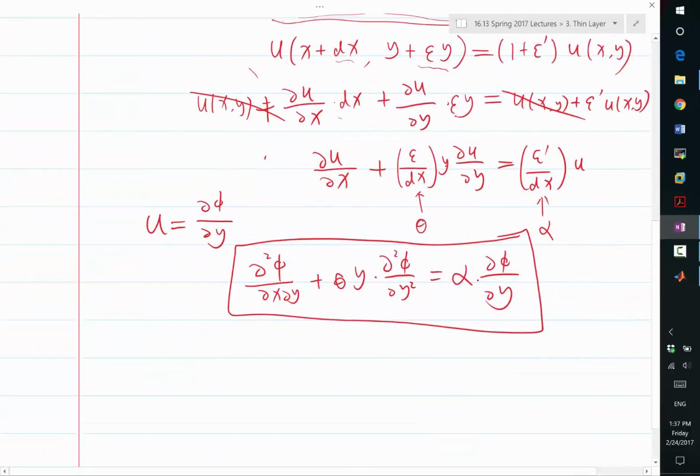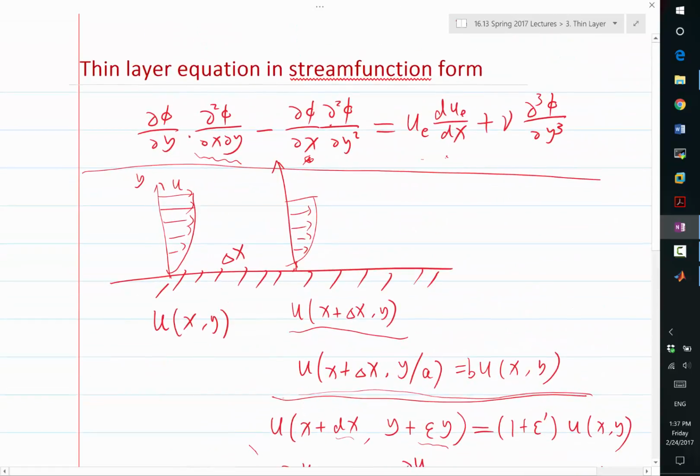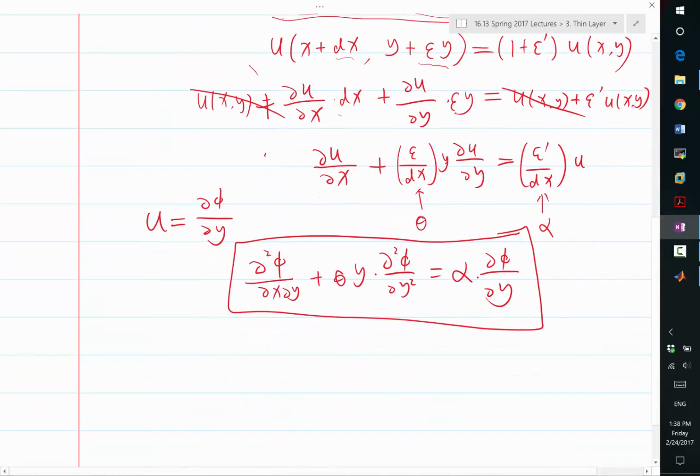Okay, so the only task now is to represent partial phi partial x into some kind of a derivative of y, right? Okay, so let's try to get this by integrating this function with y, right? So if we integrate both sides of the equation with respect to y, this term becomes what?